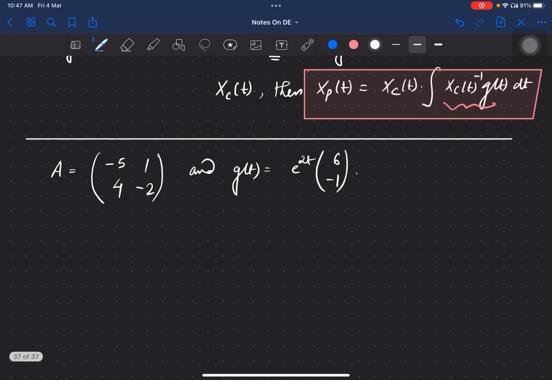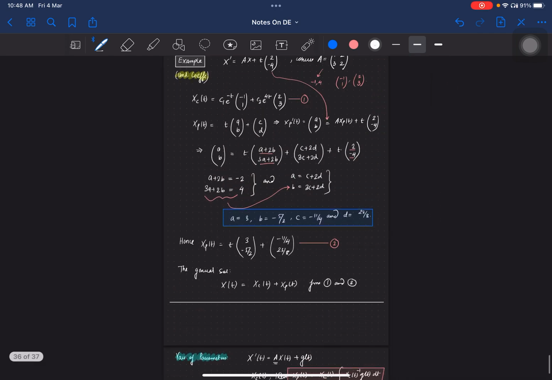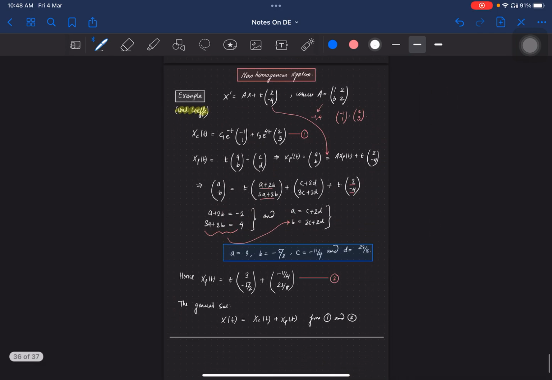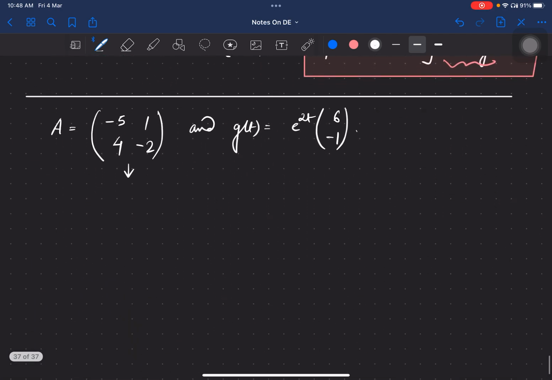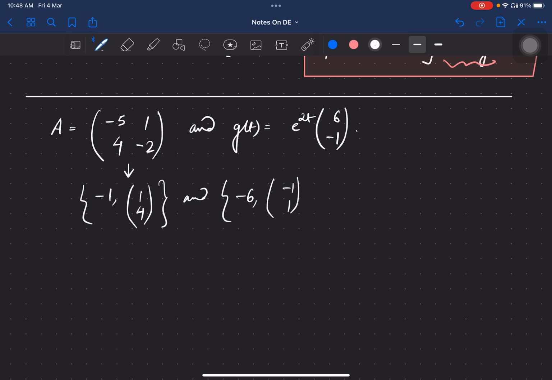Okay, so you can check the eigenvalues of this matrix are -1 and -6. -1 with eigenvector (1, 4), this is one eigenpair, and -6 with (-1, 1). Okay. So these are the two things.